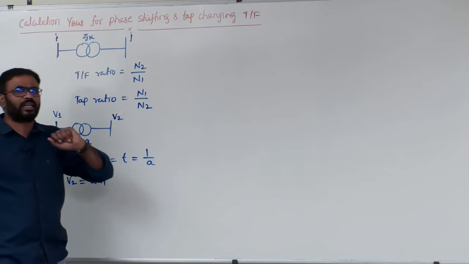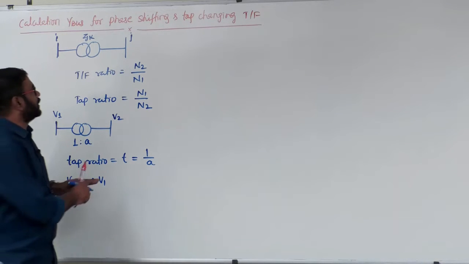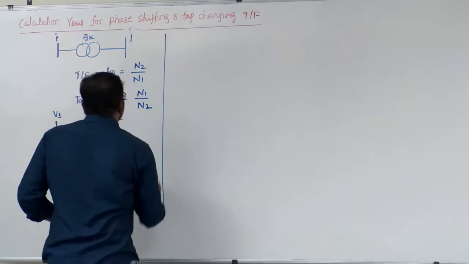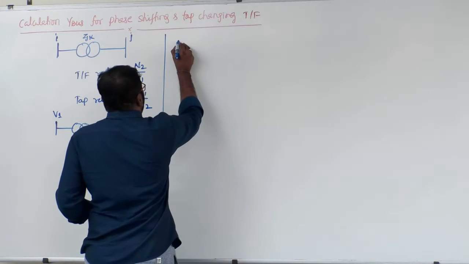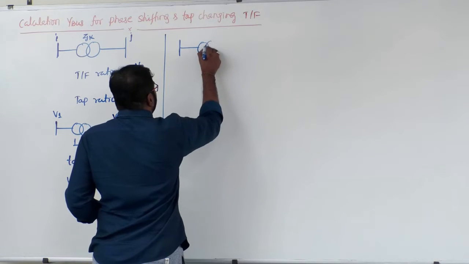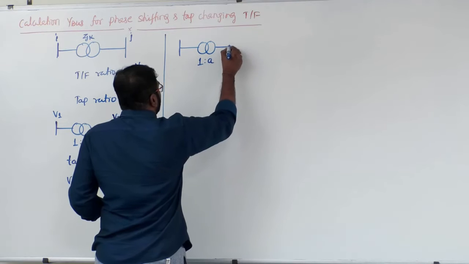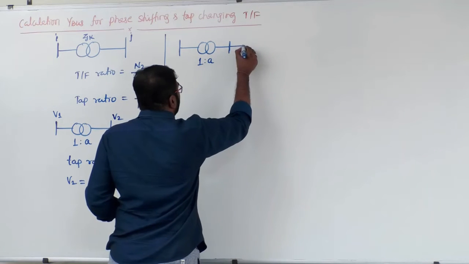The shunt admittance of the transformers is generally neglected. So how to draw the equivalent circuit now? We can draw the equivalent circuit of a transformer something like this: an ideal transformer in series with an impedance.